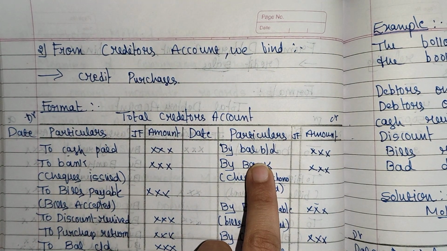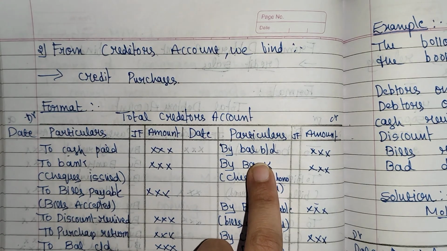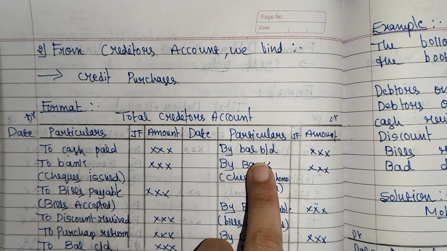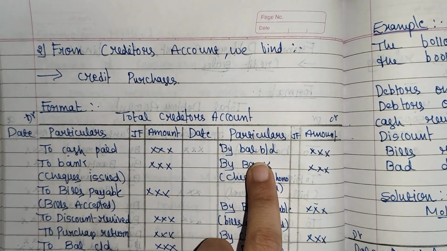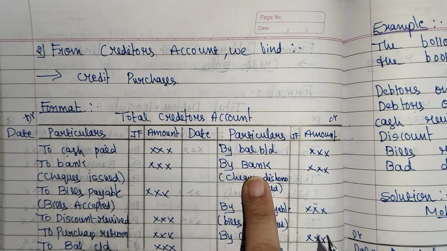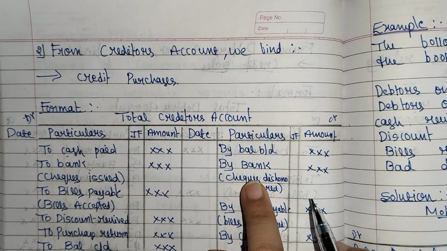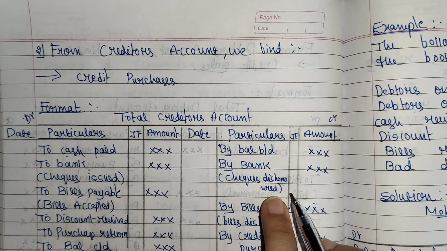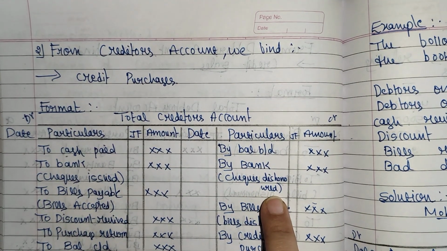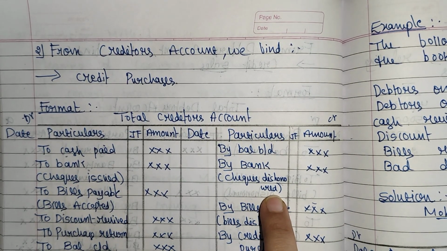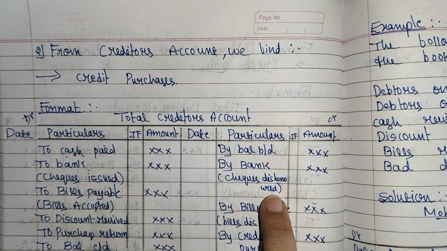On the credit side, we write the by balance brought down, meaning opening creditors, the amount payable at the beginning of the year, old unpaid suppliers. Clear? Now next one, by bank, means checks dishonored, checks issued to the creditors but dishonored. Dishonored means not paid. See, this is exactly the opposite of the debtors account.